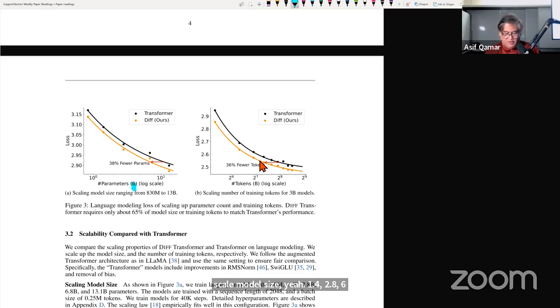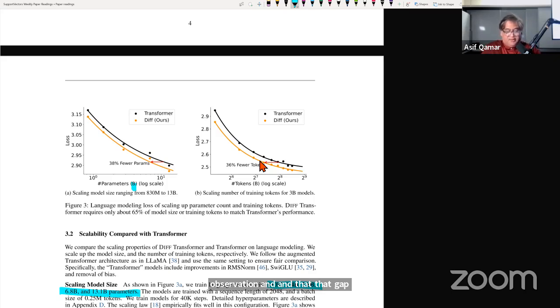These are the four model sizes they take. What you notice is that the loss for the diff transformer, consistently at every size, is less than that of the regular transformer. That gap in performance remains consistently true.